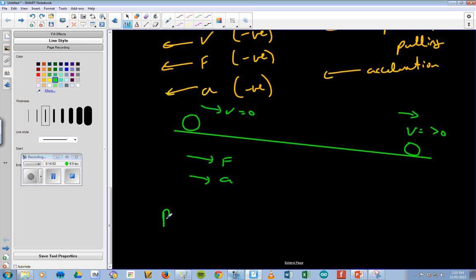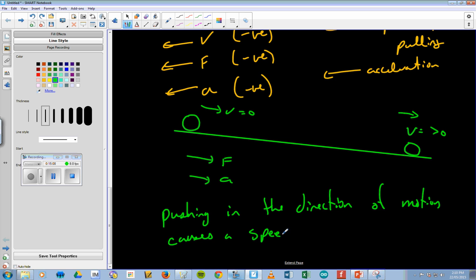So pushing in the direction of motion causes a speed up. I just want to lay that out really simply. A negative acceleration can cause an object to speed up if velocity is already negative. If velocity is already positive, a positive acceleration can cause an object to speed up.